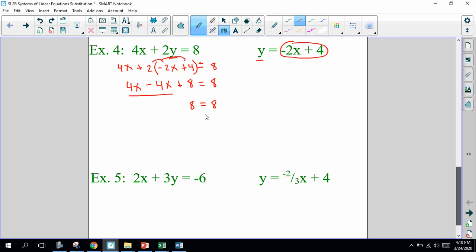And I've got this statement, and this statement that I have here in front of us happens to be true. And it's always true. And so if you end up with some statement like this where the variables are gone, you got a true statement, this is the case where you have an infinite number of solutions.